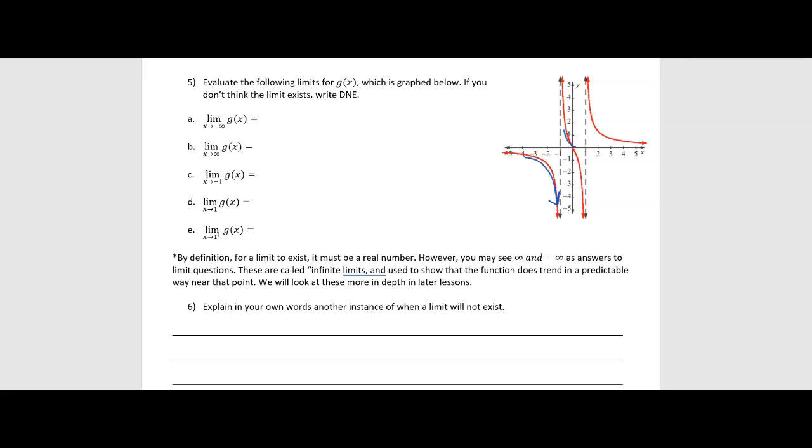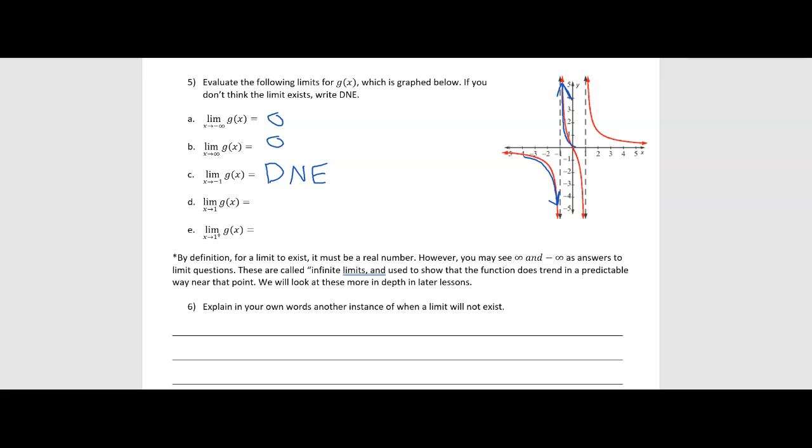And let's approach from the right-hand side. Now, right away, without even having to give answers for what this function is approaching from both the left and the right-hand side, we can clearly see that it's not approaching the same number. So we can right away put DNE. We'll go back and fill out our answers for parts A and B here.